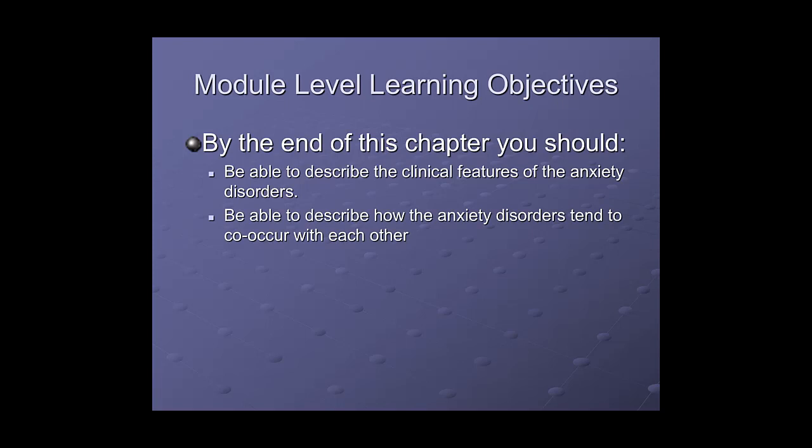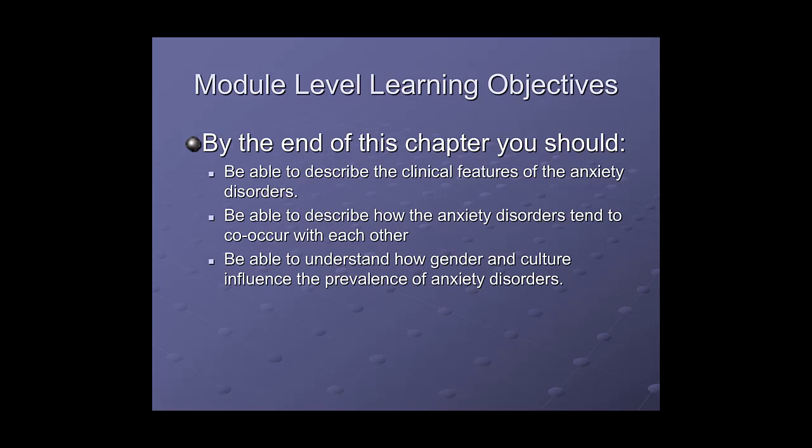We also gain an understanding of how gender and culture influence the prevalence of anxiety disorders, and recognize commonalities in etiology across the anxiety disorders. I'm going to spend some time talking about some of the different causalities of anxiety disorders.